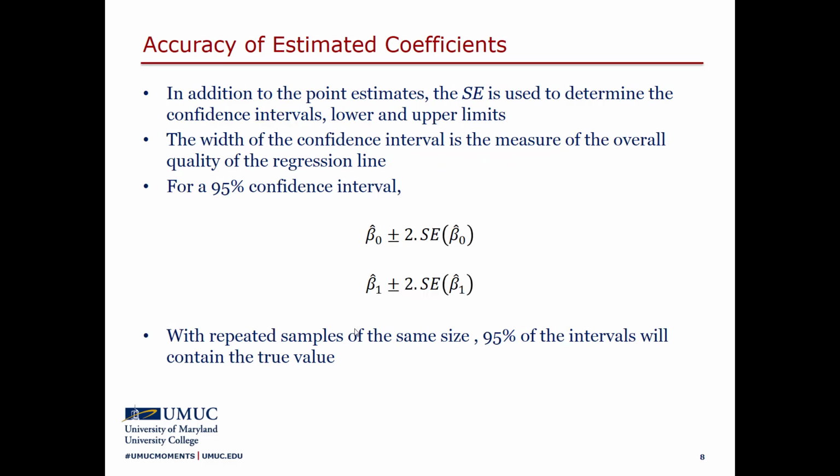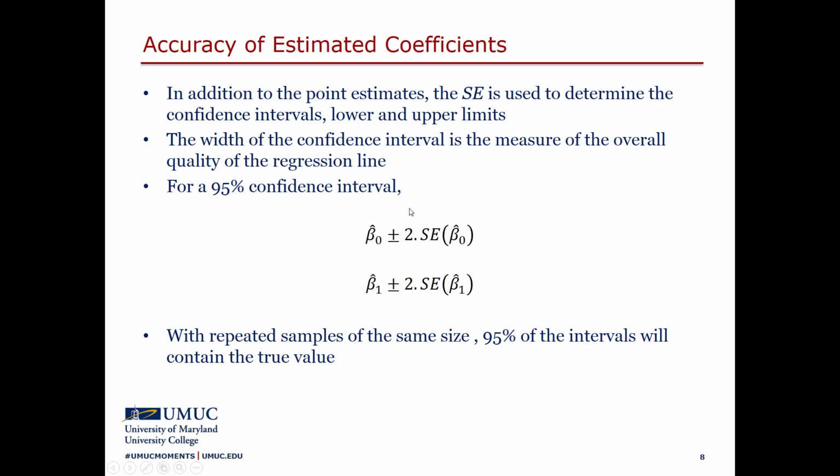Okay, now the estimated coefficients or the parameters are point estimates. Now we want to have a level of confidence, and that is done through the confidence interval. So that means how much are we confident that the true value will fall in a given range.